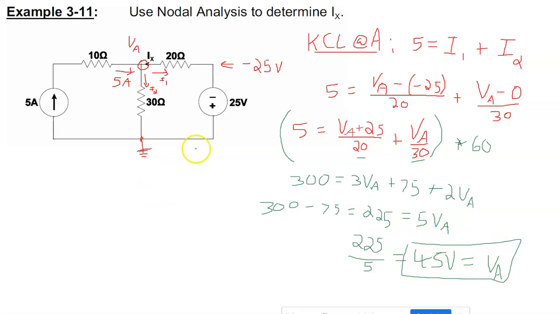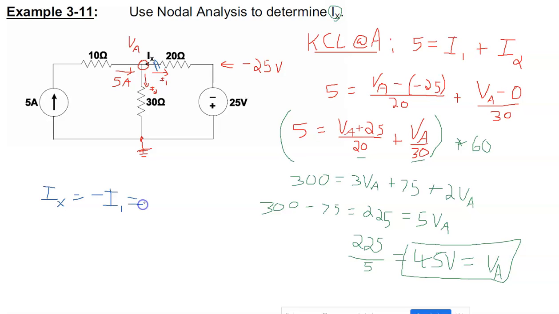And so now let's think about the answer to the question, because we were asked to find IX. IX is equal to, right here, IX is in the opposite direction from I1, so negative I1.